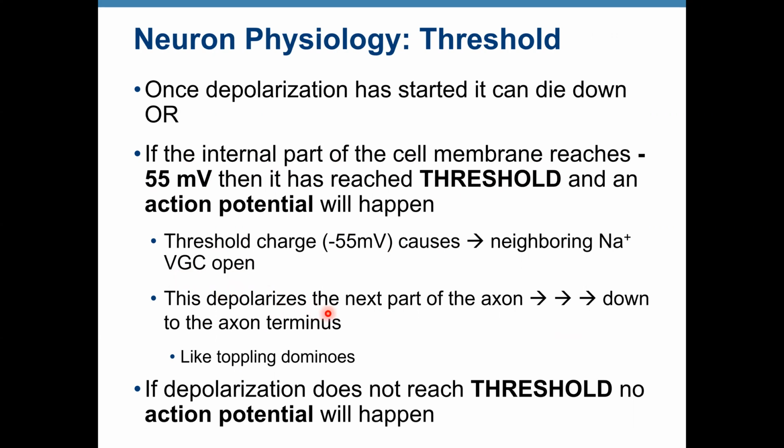This depolarizes the next part of the axon, and it continues down to the axon terminus, like toppling dominoes. If depolarization does not reach threshold, no action potential will happen.